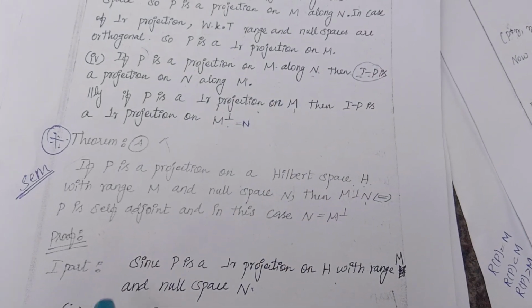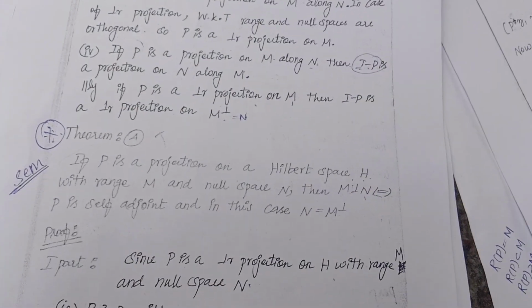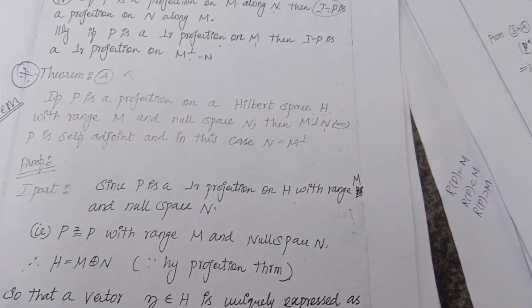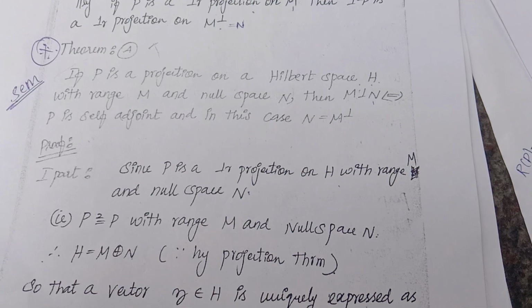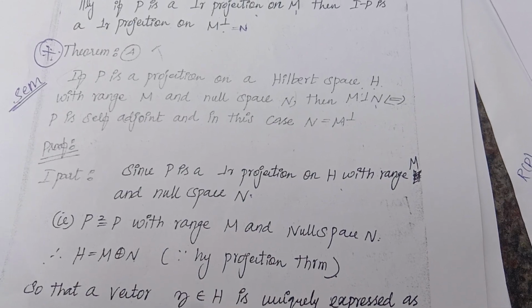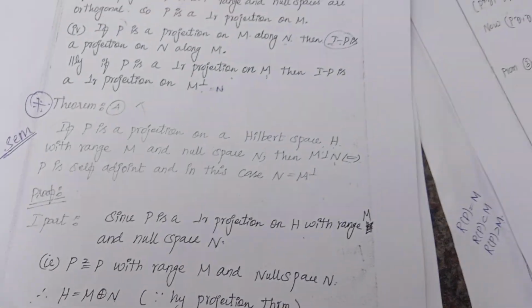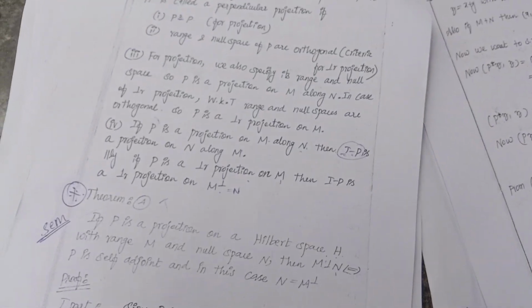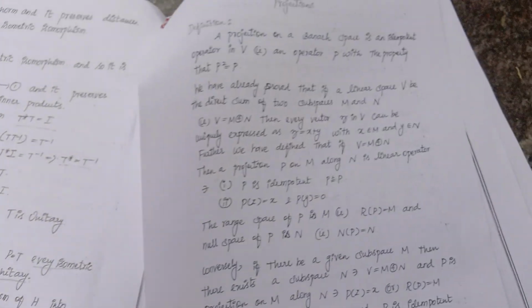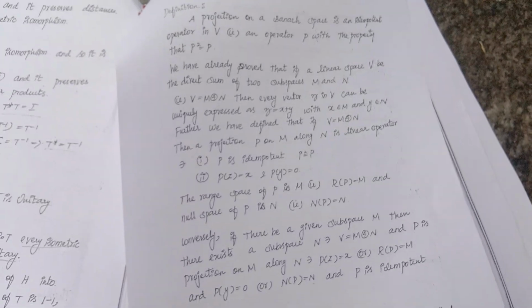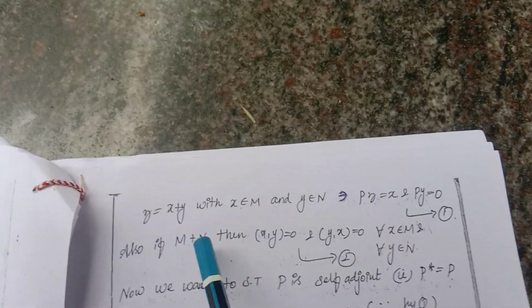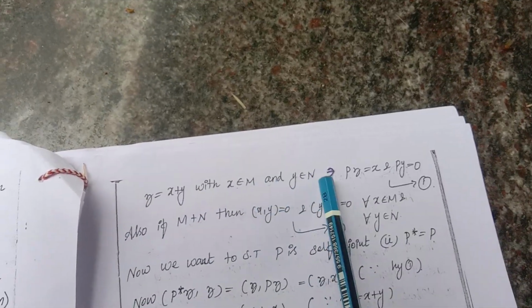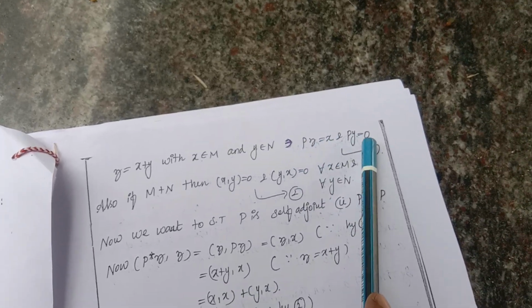First part, we have to prove that P is self-adjoint. So H equals M plus N, so the vector Z belongs to H. The vector Z is uniquely expressed as Z equal to x plus y, x belongs to M, y belongs to N. So P of Z equal to x, P of y equal to 0.